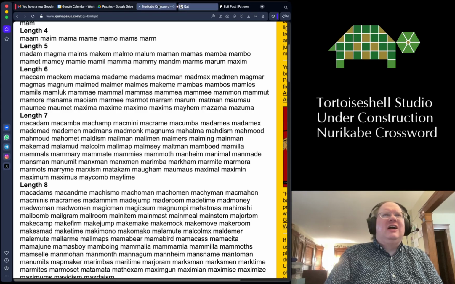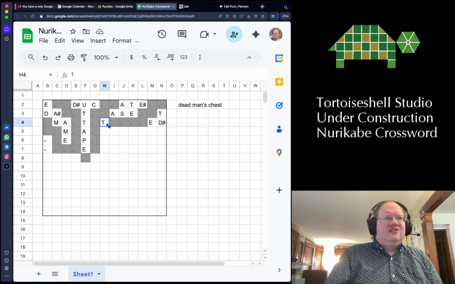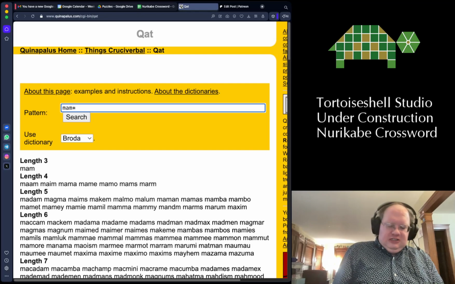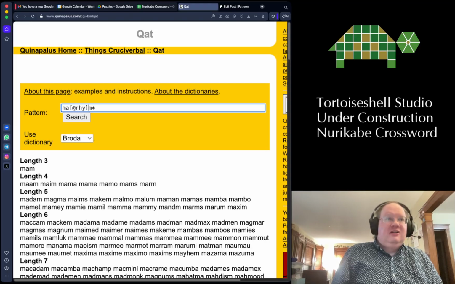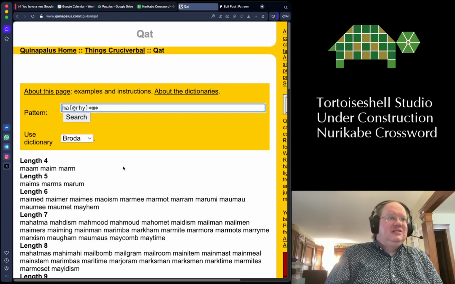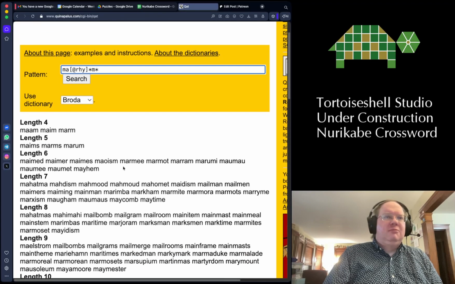And the other thing is, because we have this T here, the next letter wants to be a vowel or a letter that can go after T. So let's go with vowel, RHY, star. Marmot isn't going to work because TRM.